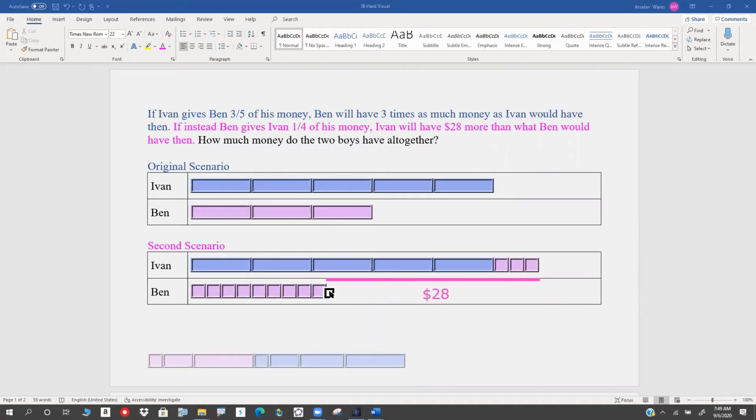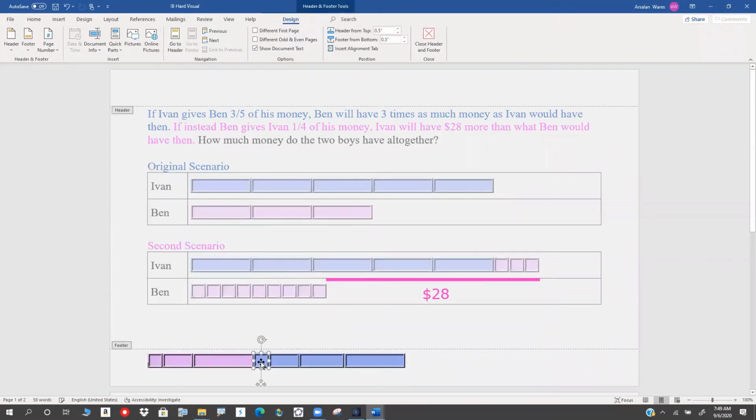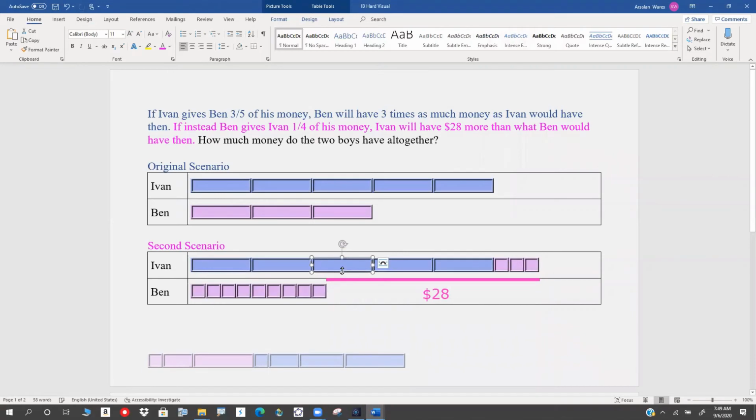Now, it's a little hard to see, but visualize this blue unit as a composite of 4/4. So let's go ahead and do that. I'm going to replace this with 4 quarter units.